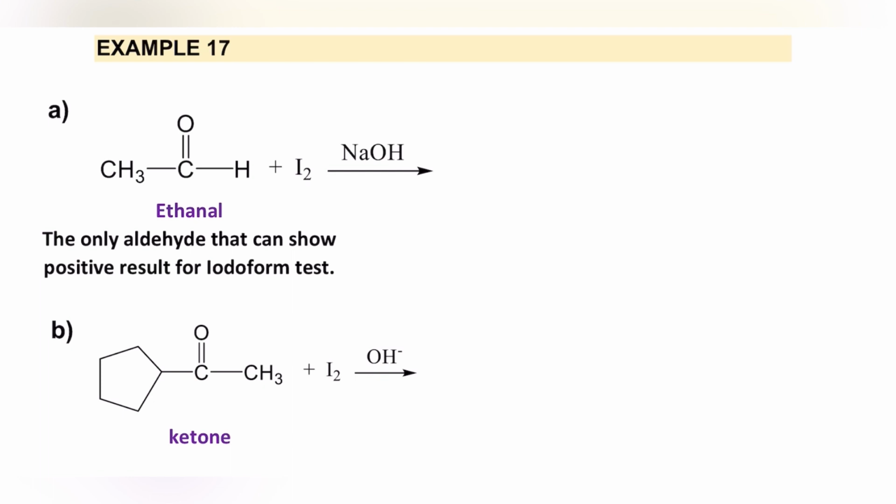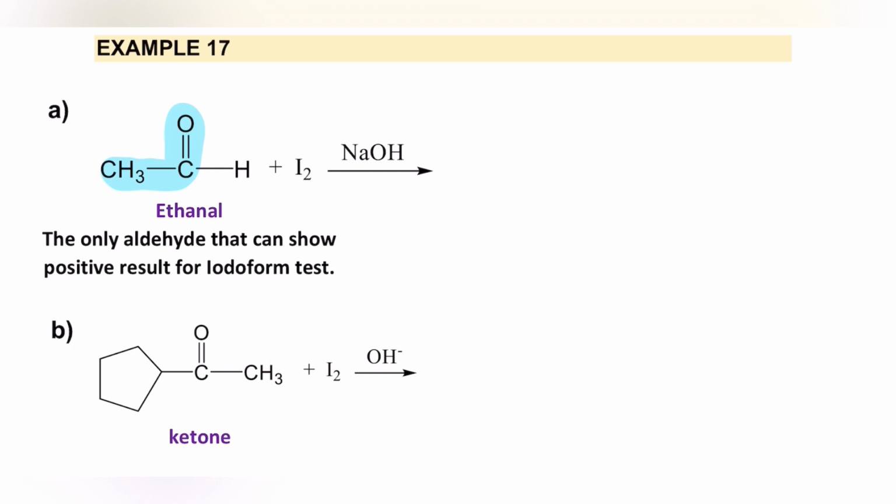So for ethanal, we have hydrogen attached to the carbonyl carbon at one side, and ethanal has 2 carbon atoms. You can see that this one is what we call the methyl ketone group. So ethanal is the only aldehyde that can show positive result for iodoform test.